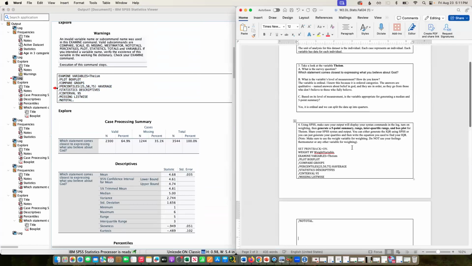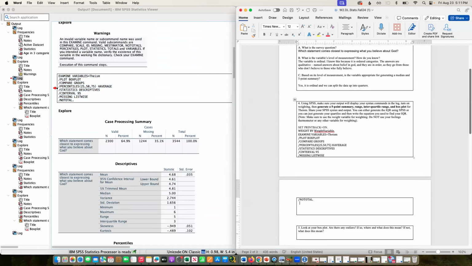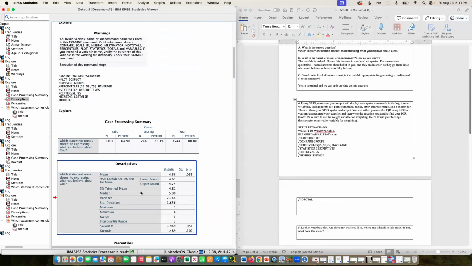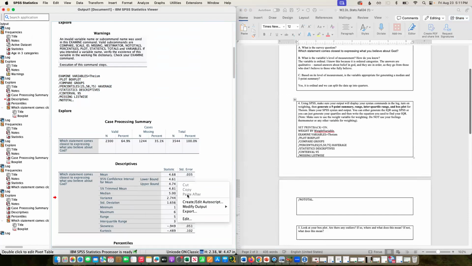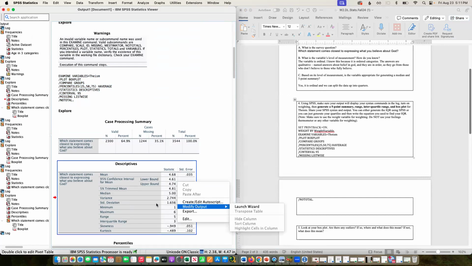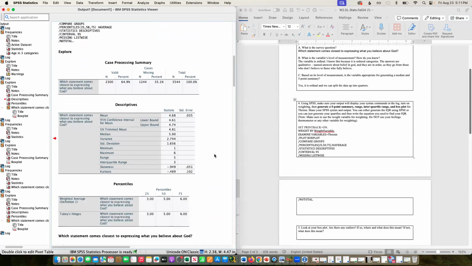And then it says to also copy my output over. Sometimes you can copy this as an image. I'm going to take a screenshot of it.